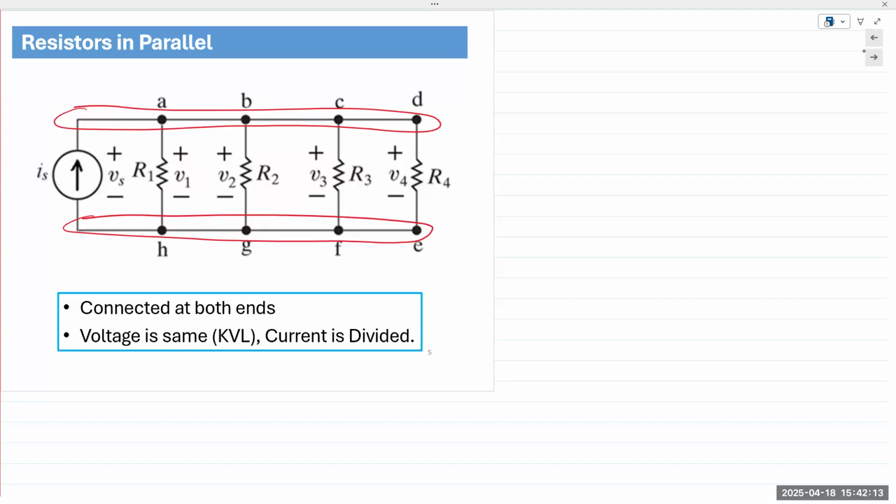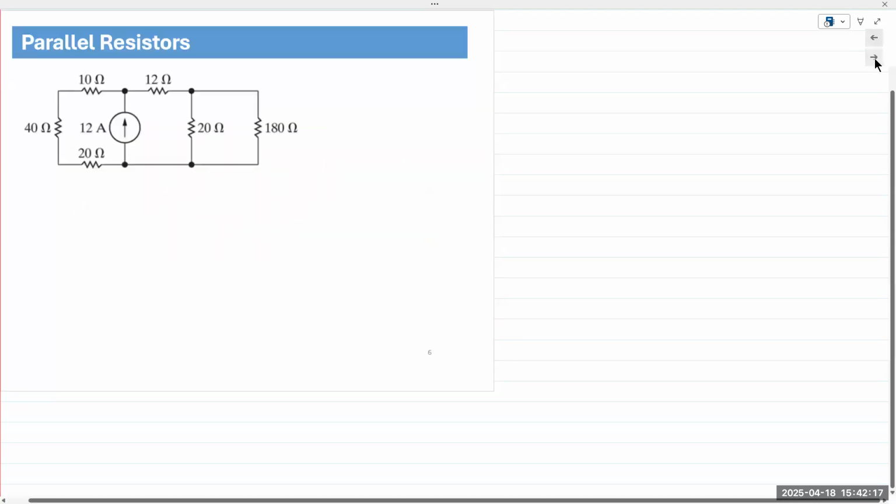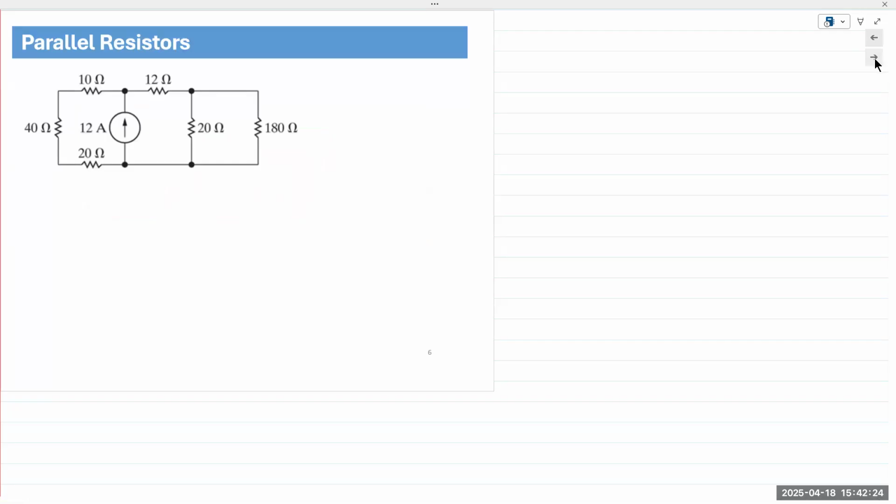Okay. Take any 2 nodes in a circuit. All components connected only between those 2 nodes are said to be in parallel, which would be, in this case, 20 and 180. So you have a node at the top, you have a node at the bottom.